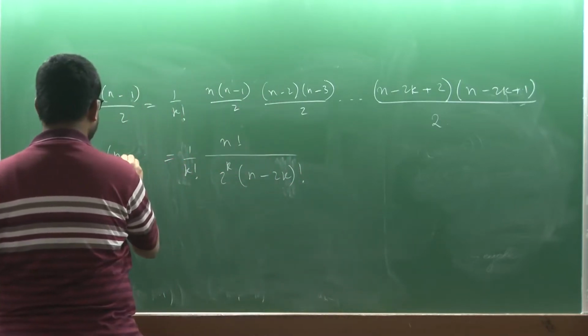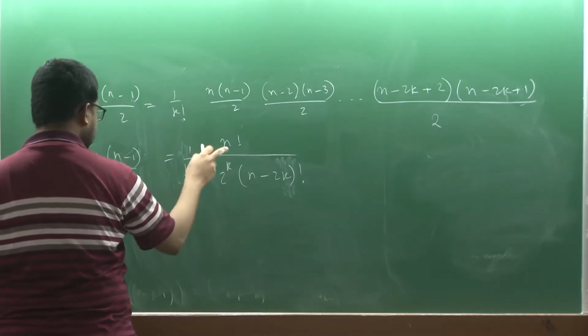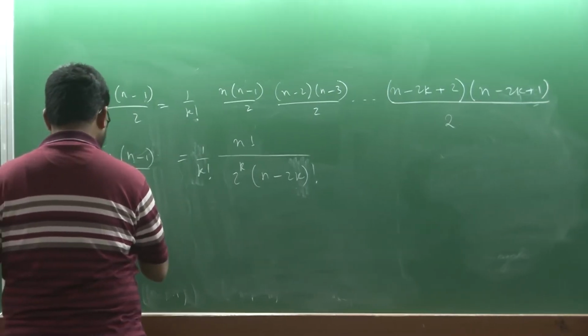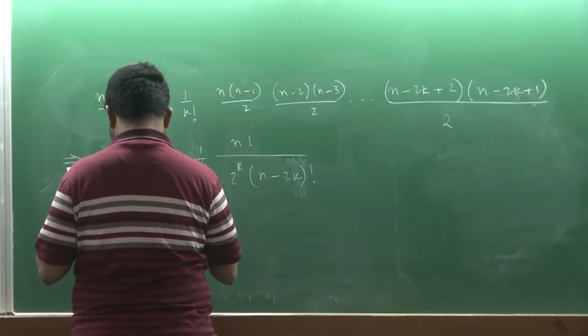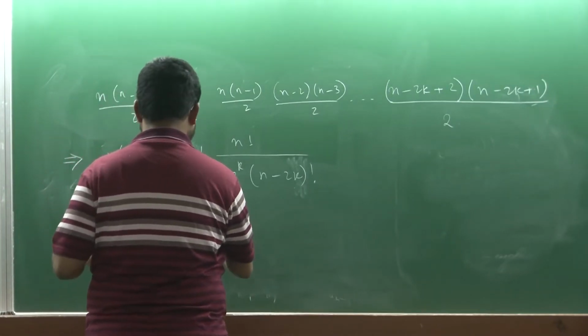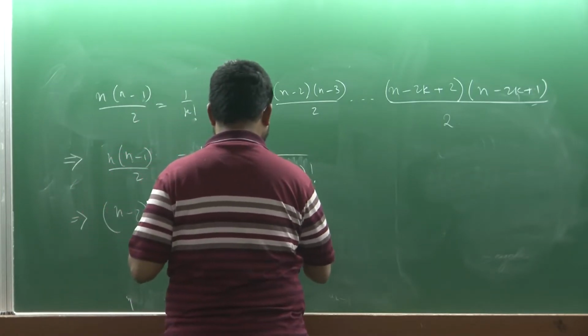And this is n into n minus 1 by 2, and this further implies n minus 2 factorial is 2 to the power k minus 1 times k factorial into n minus 2k factorial. Okay.